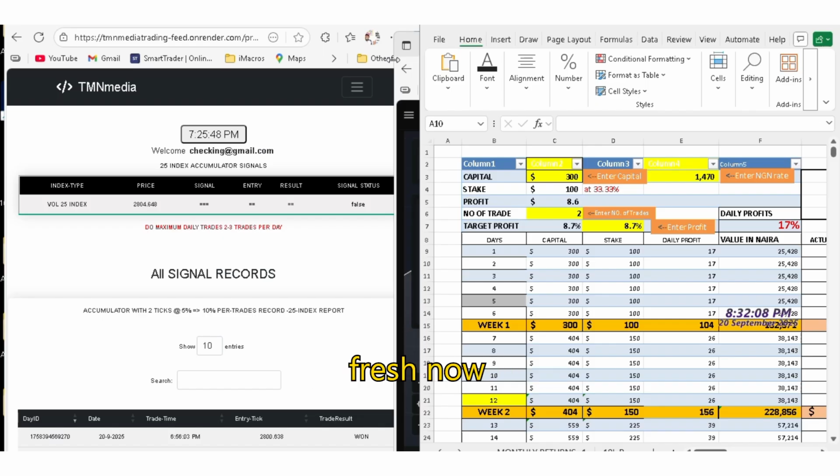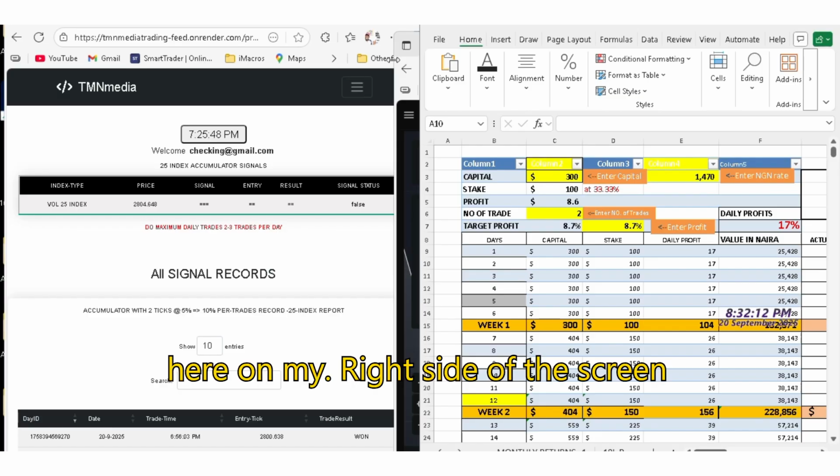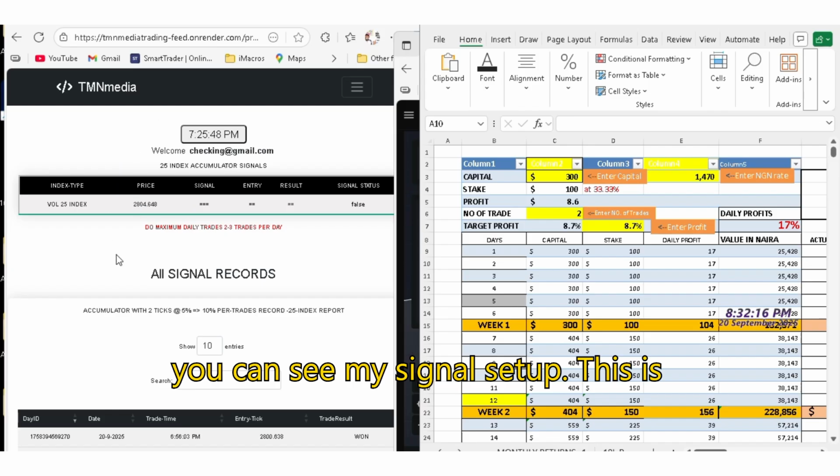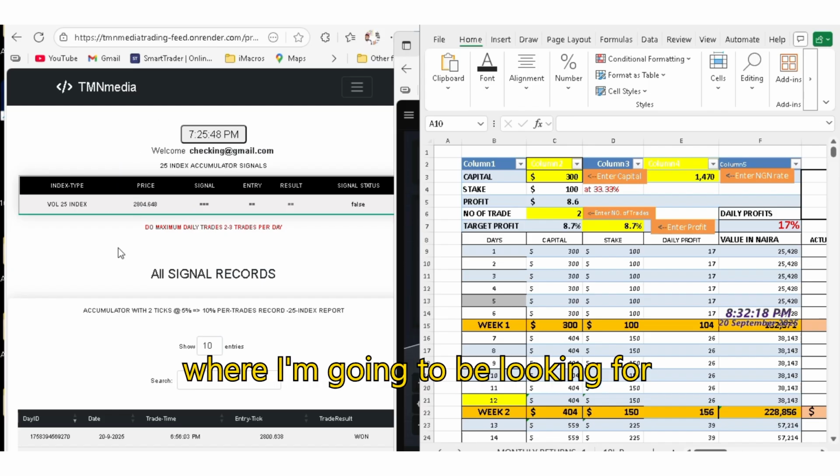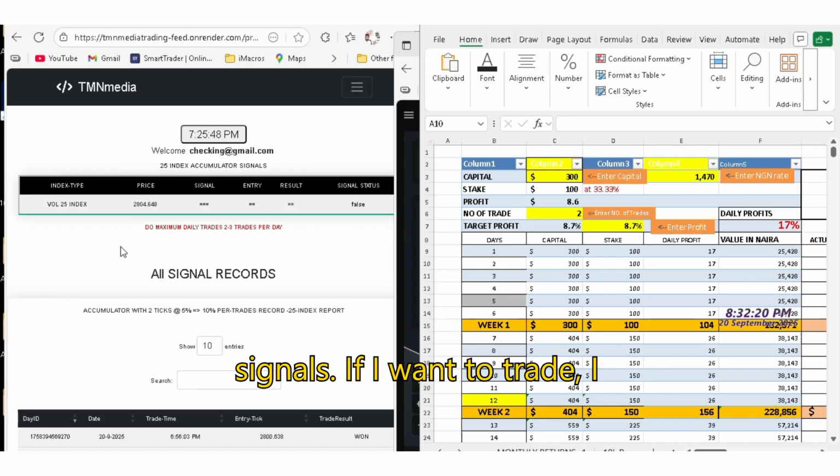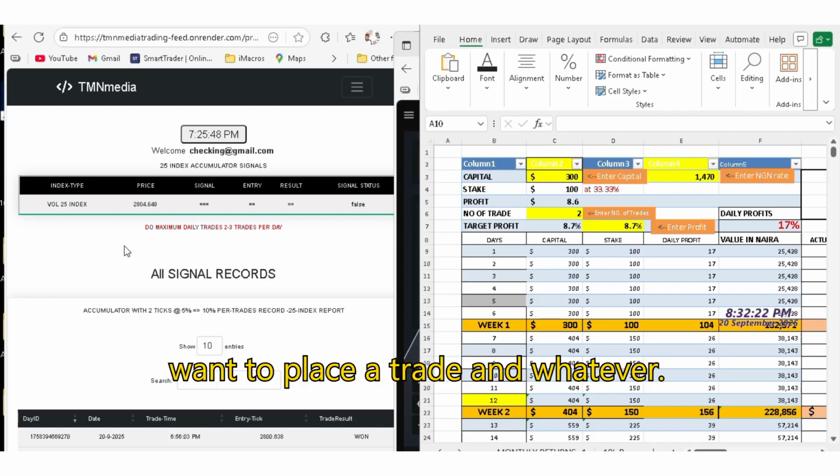Start fresh. Now, here on the right side of the screen, you can see my signal setup. This is where I'm going to be looking for signals if I want to place a trade.